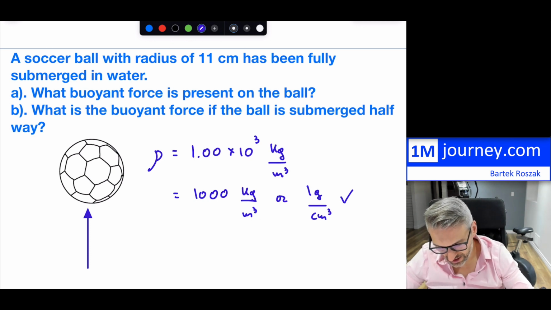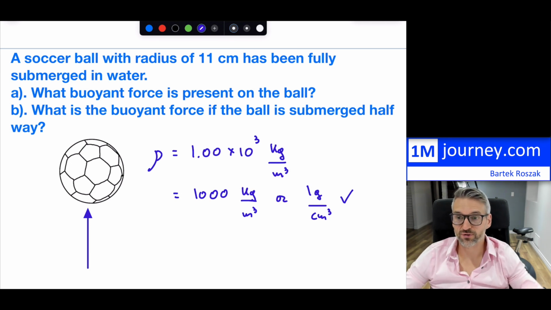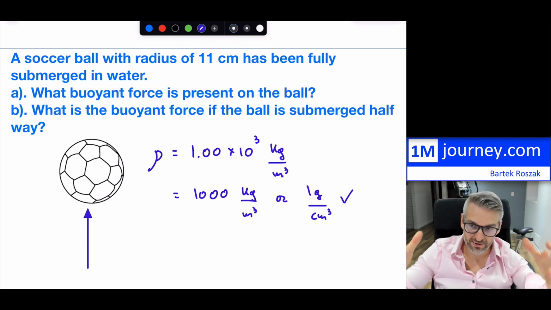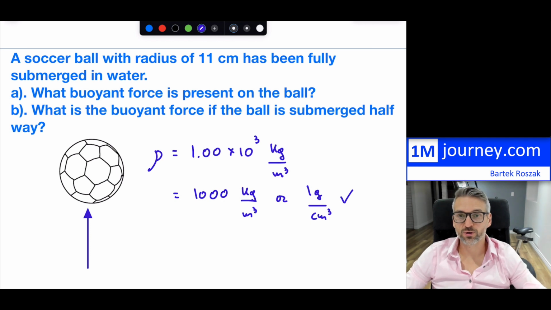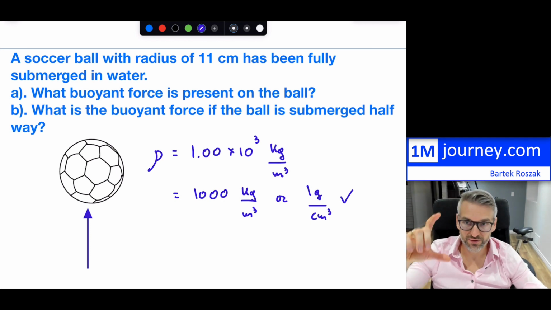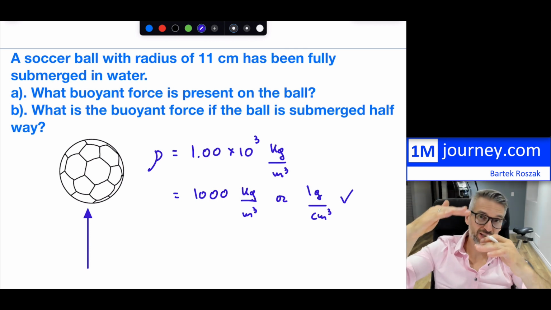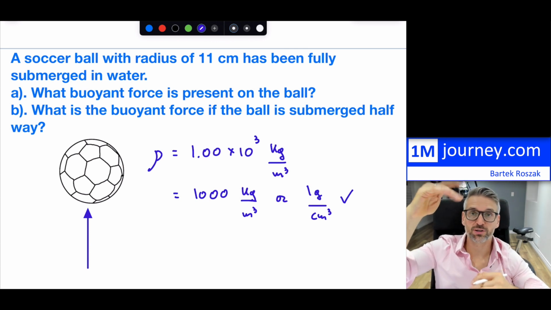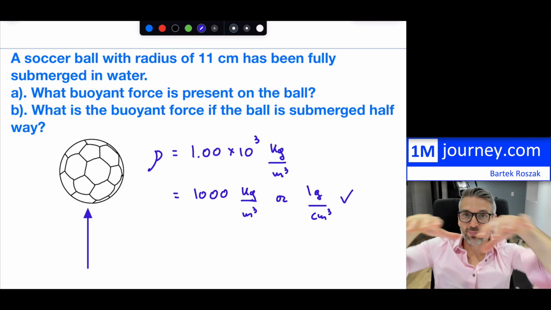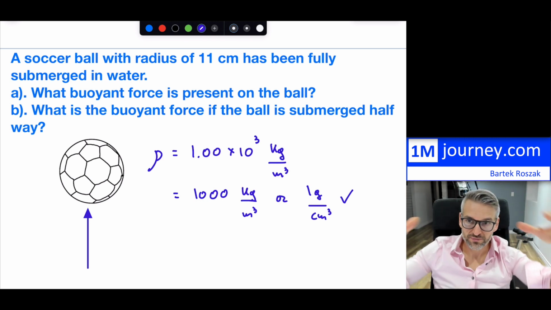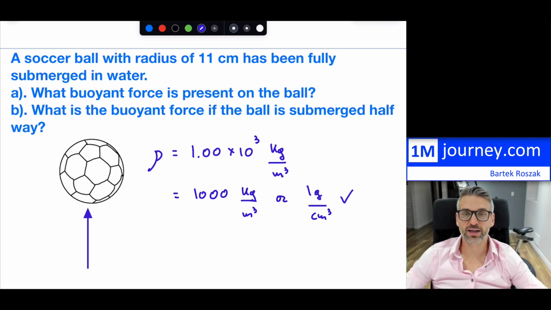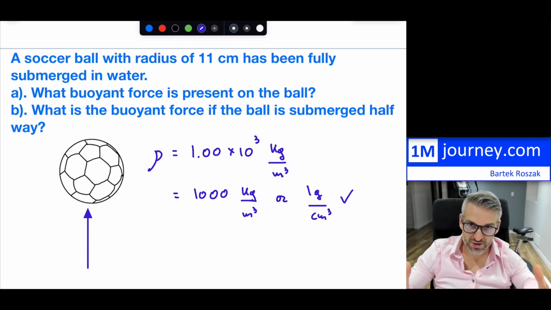I have the density of water. If I want to find that, it would be difficult for me to find areas and so on. If we were thinking from the top to the bottom, we can think about the diameter, but the area itself from the top to the bottom is spherical.